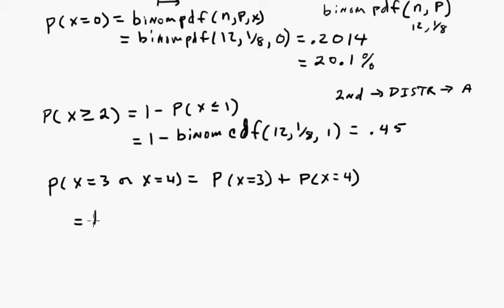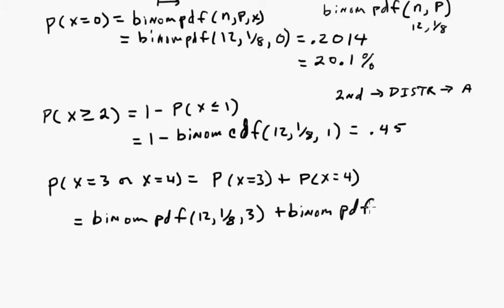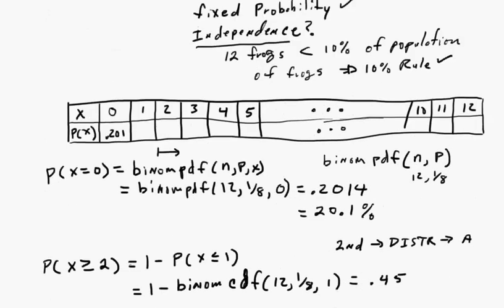That's just going to be binomPDF of 12, 1/8, comma 3 plus binomPDF 12, 1/8, and 4. Okay, all we're doing is saying I want that number and add them together.